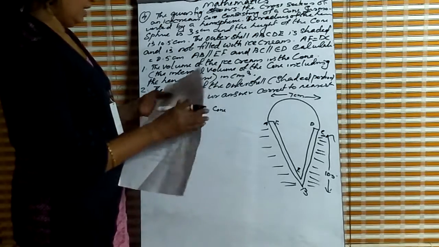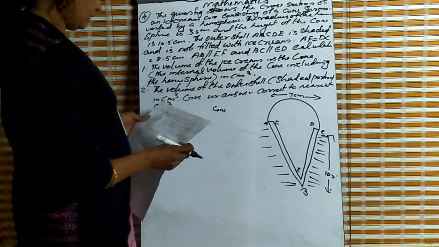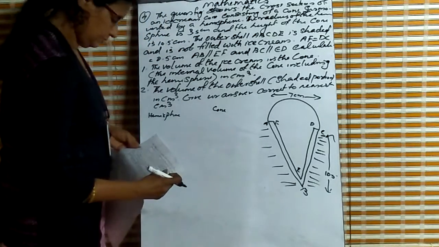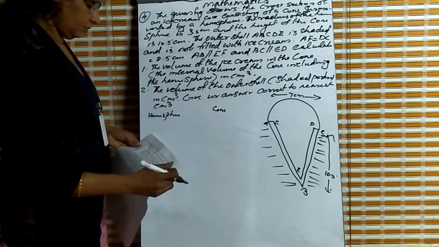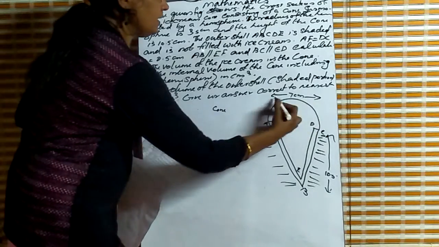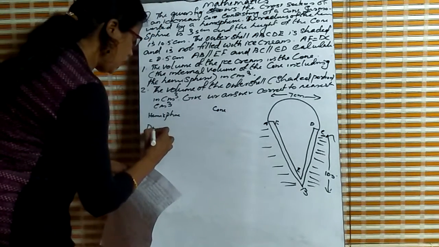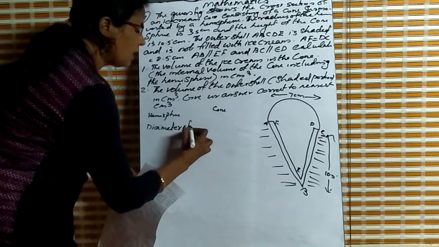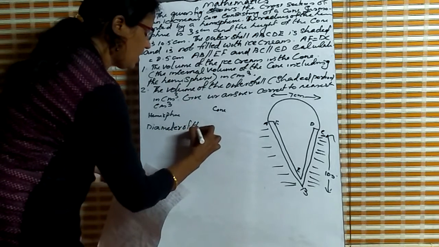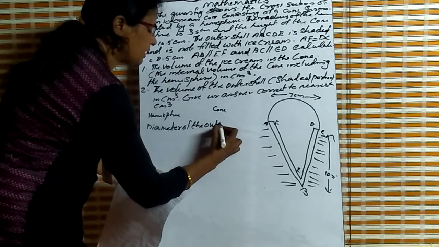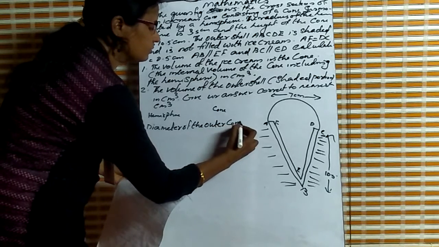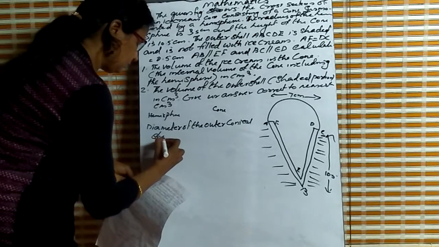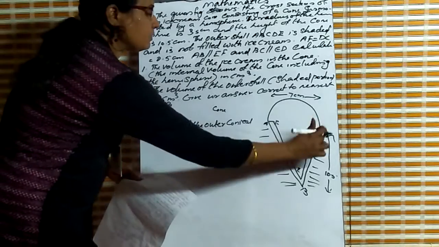To find the answer, first, what are the given quantities here? This is the diameter of the outer conical shell, that is AC.